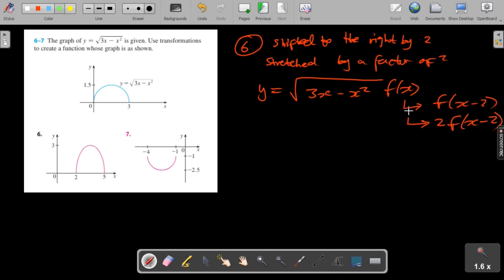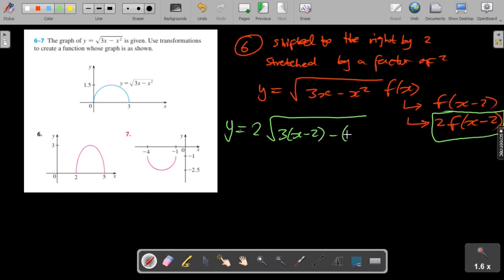So this is the final function. This is what we're aiming for. And this is how it would work in this function. So you multiply everything by 2. Then wherever you see an x, you'd substitute x minus 2. That's how transformations work. And at this point, you can just multiply through. So let's see what we get.